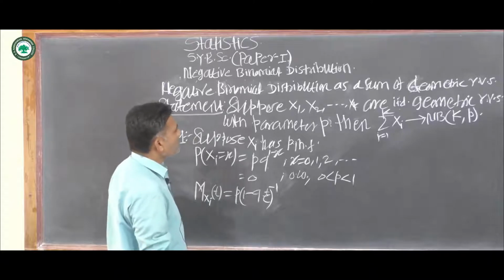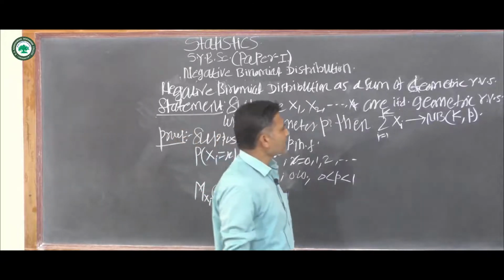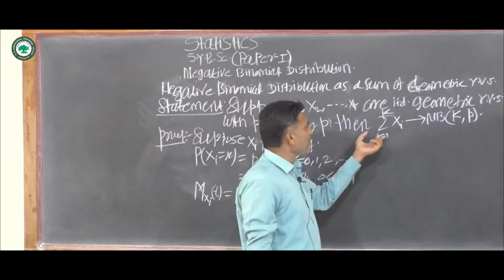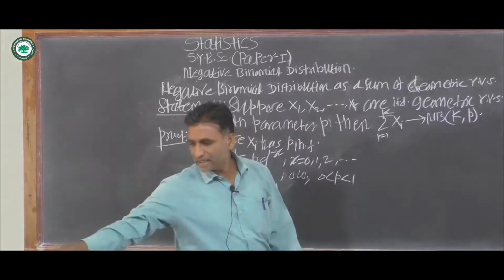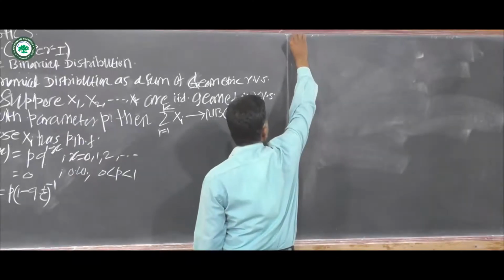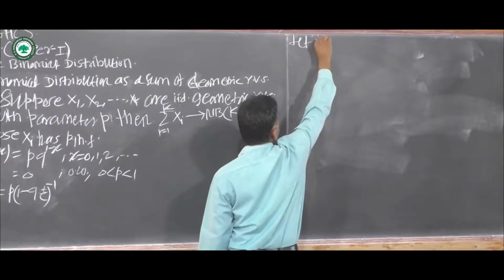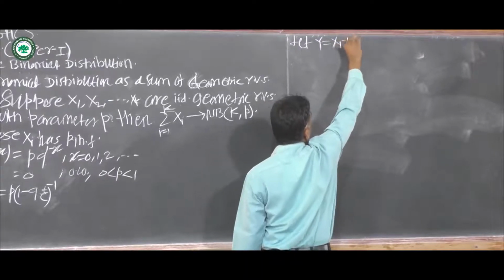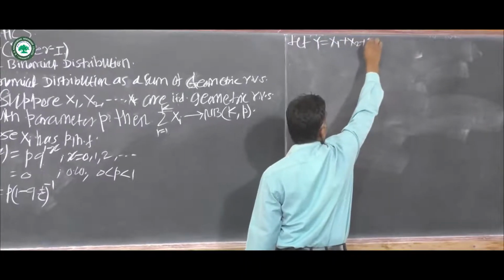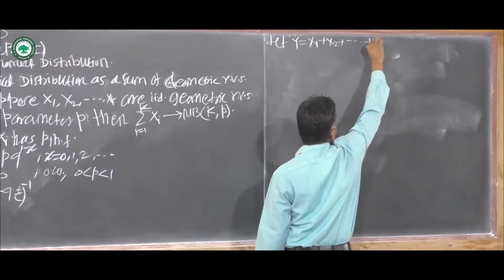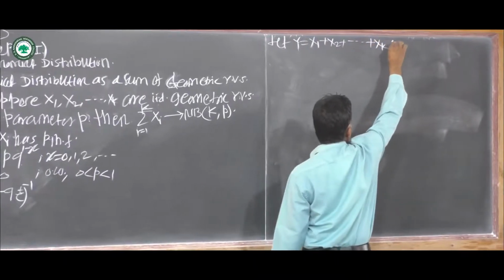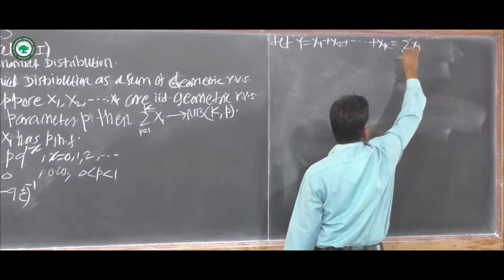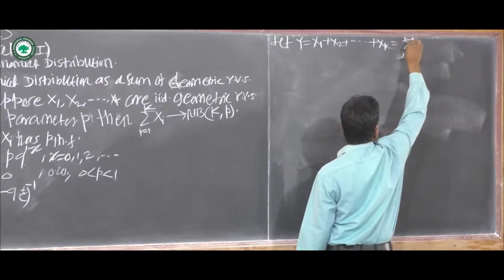Now we have to obtain the moment generating function of the summation of xi, summation over i running from 1 to k. Let y be equal to x1 plus x2 plus and so on plus xk, which is equal to the summation of xi, i from 1 to k.